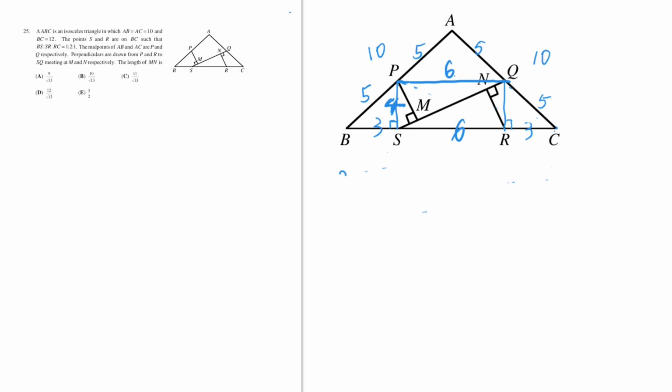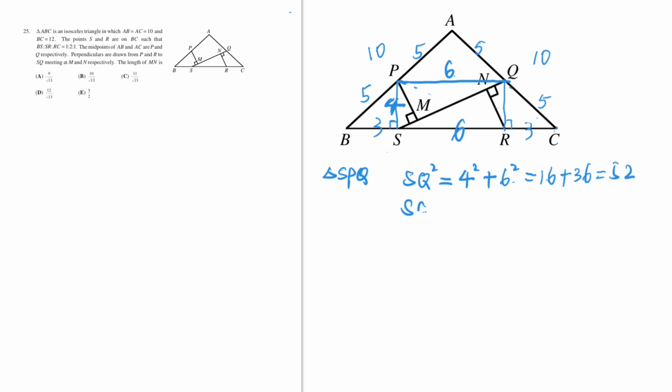That's SPQ. For the triangle SPQ, SQ square equals 4 square, still the Pythagorean theorem, plus 6 square, that's 16 plus 36, that's 52.